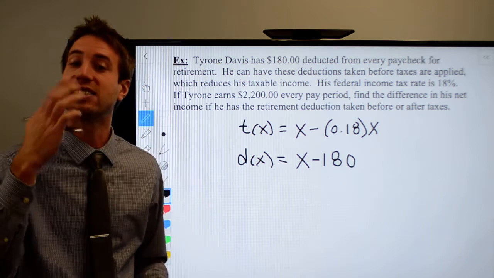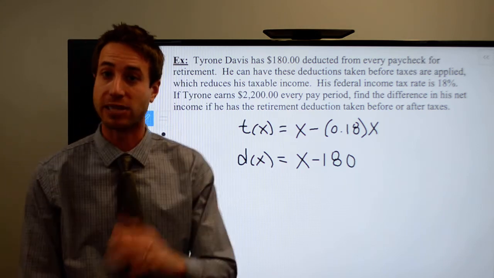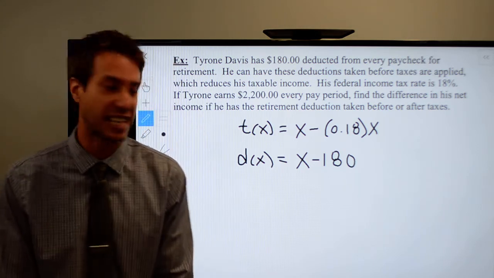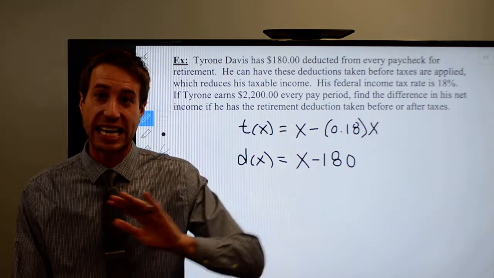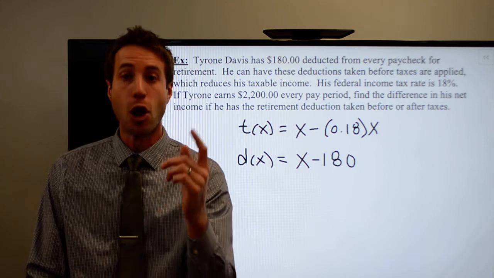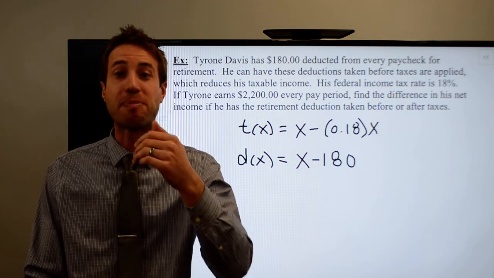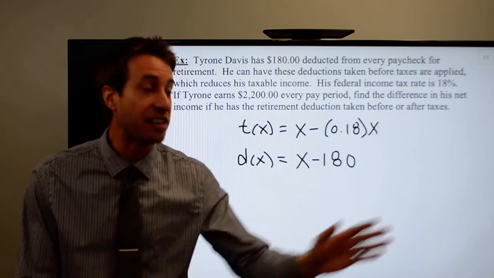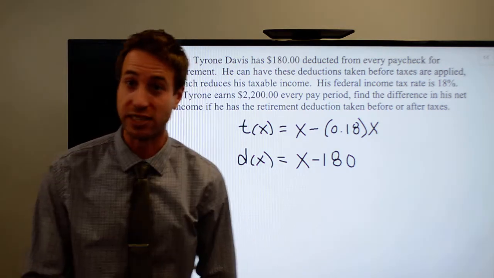Now, we're going to set up two functions, right? Remember, Tyrone can do this one of two ways. He can either take out the deduction and then pay his taxes, or Tyrone can pay his taxes and then take out the deduction.